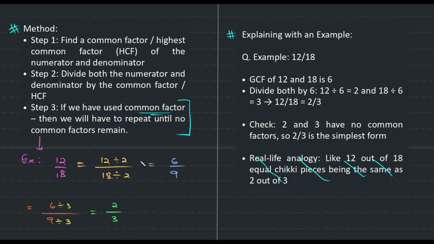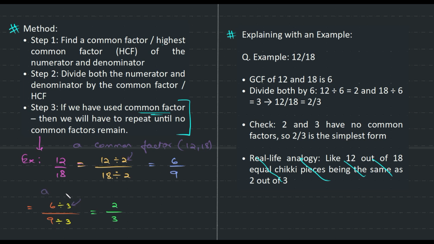Here I used the common factor concept. A common factor of 12 and 18 is 2.